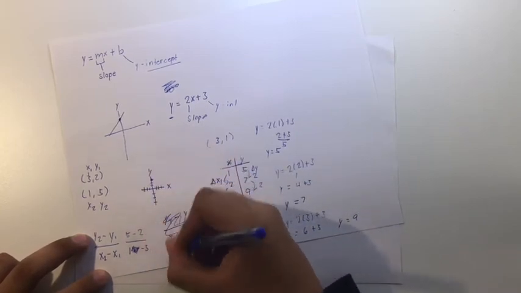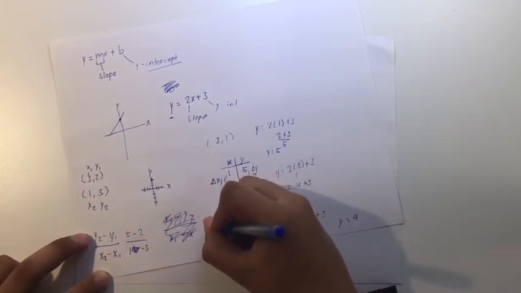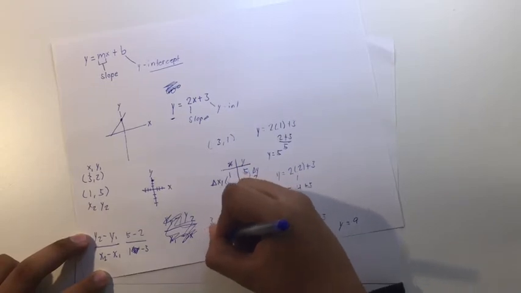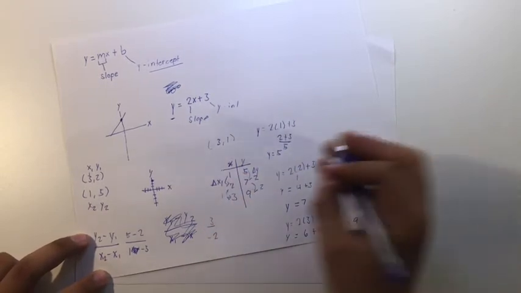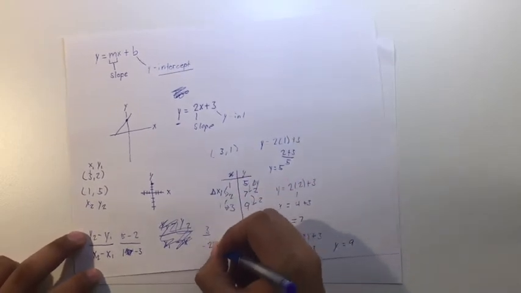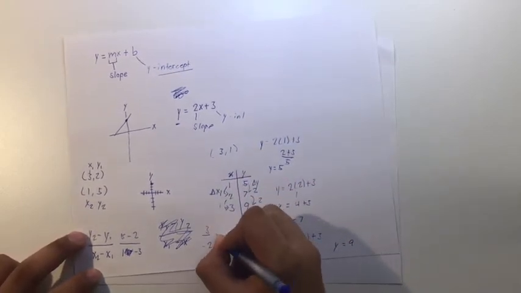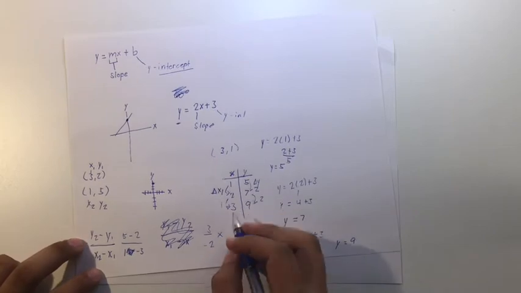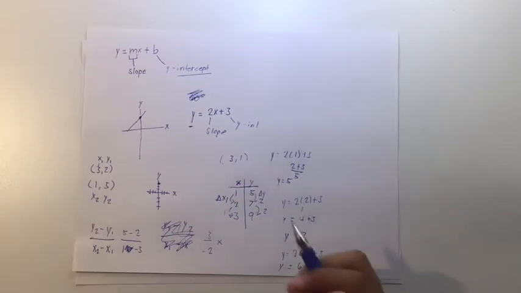So it would be 3 over negative 2. That would be your slope, the coefficient in front of the x. This is just an example.